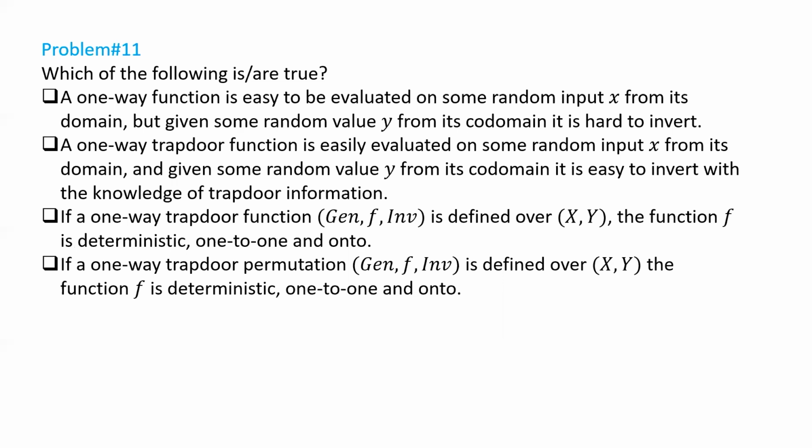If a one-way trapdoor function Gen, f and inv is defined over x comma y, the function f is deterministic, 1-to-1 and onto. If a one-way trapdoor permutation Gen, f, inv is defined over x comma y, the function f is deterministic, 1-to-1 and onto.